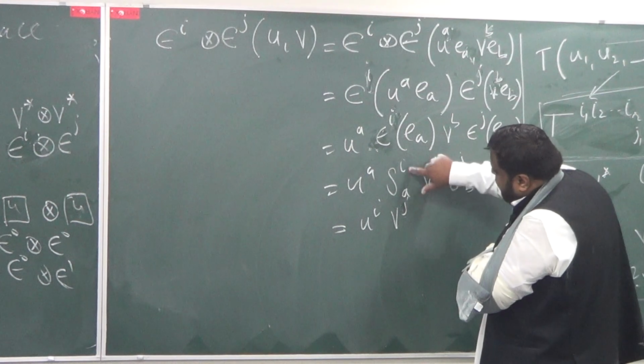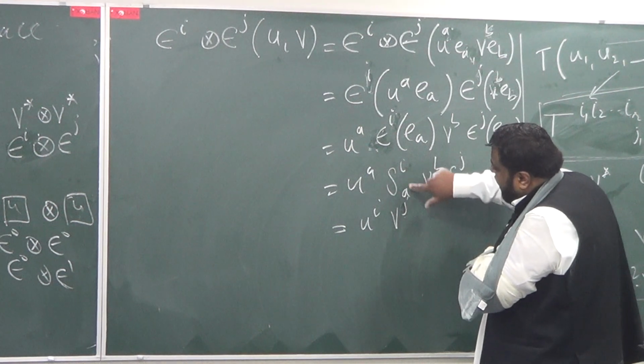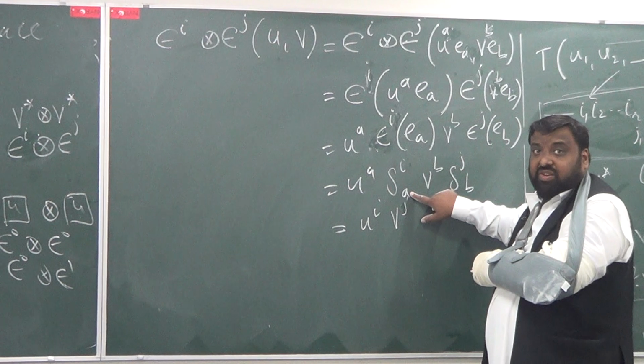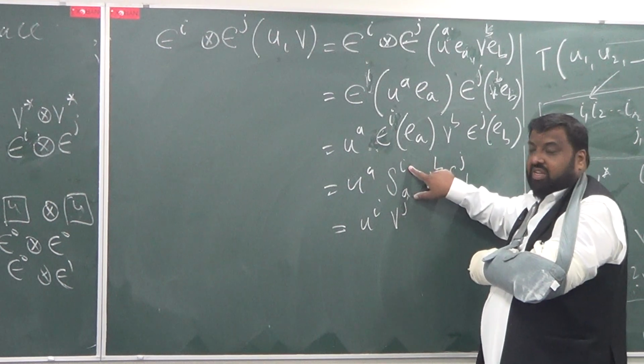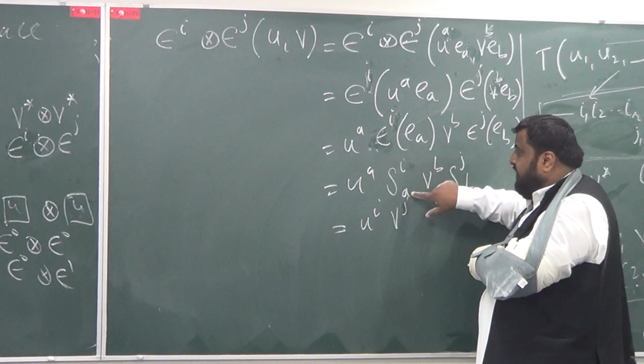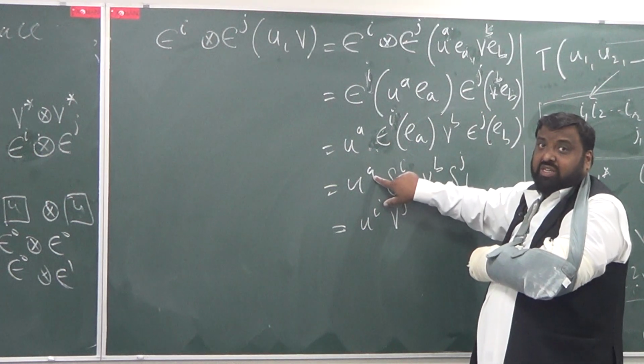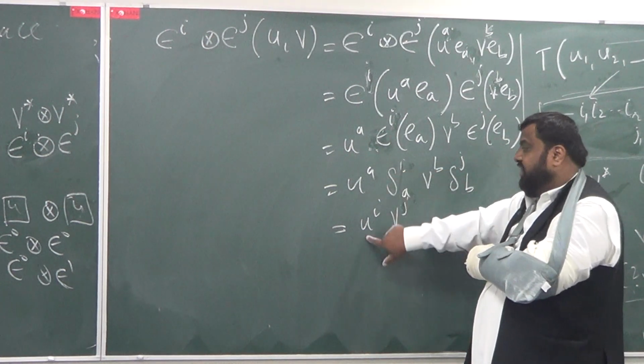This would be 1 if a is the same as i. Because i is fixed, a is the same as i. So when this is i, this must also be i. So this will be 1 and you're going to get u^i, multiplied by v^j.